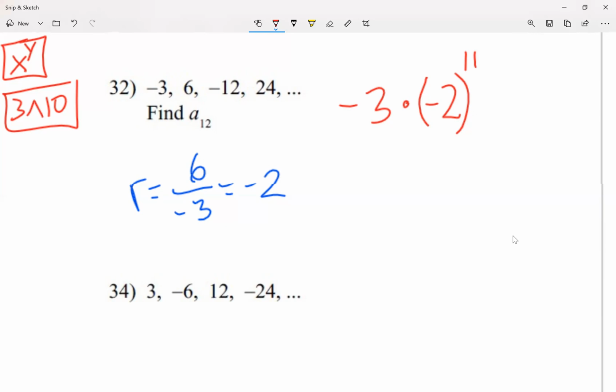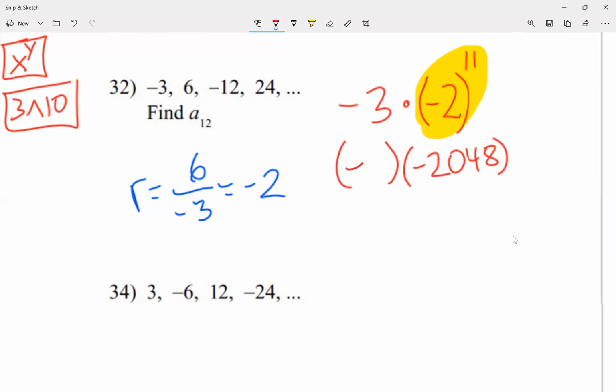Make sure you know how to use your calculator. (-2) to the 11th is negative 2,048. I just did the exponent. Whatever I get, which is negative 2,048, I'm going to multiply by -3, which is the number at the beginning of my list. And it gives me 6,144.